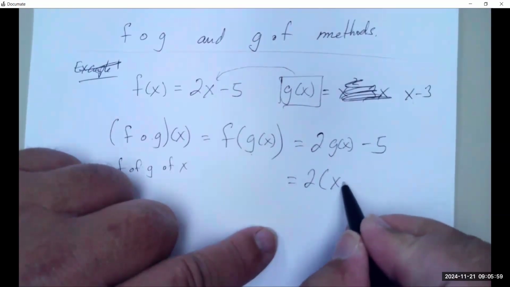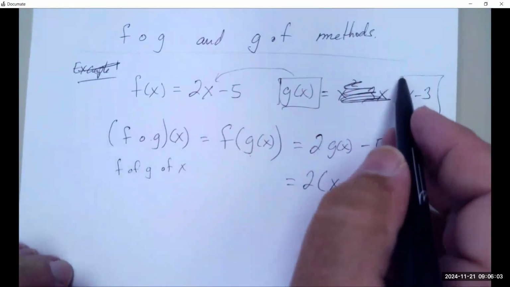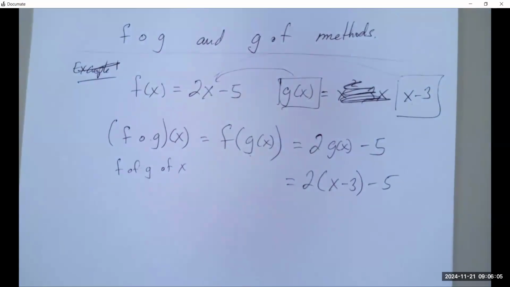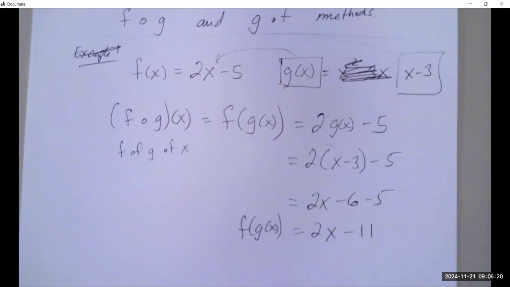G of x is x minus 3. So I'm taking this function and plugging it inside the other function, hence a composite function. So this becomes 2x minus 6 minus 5, 2x minus 11. That's the f of g of x.